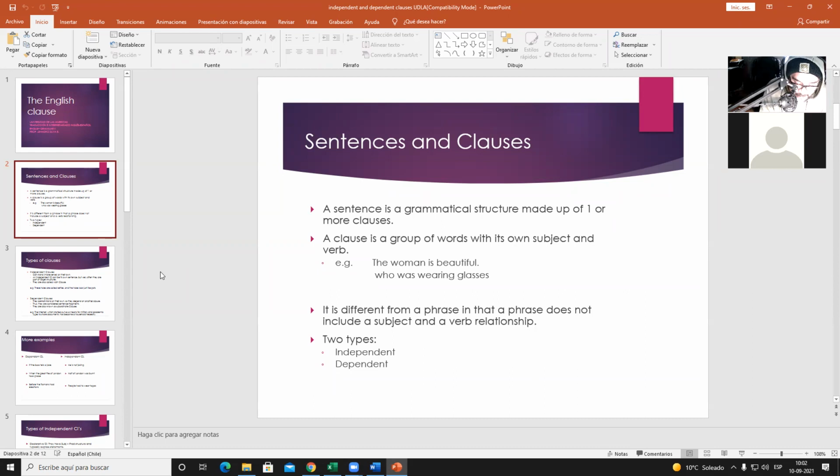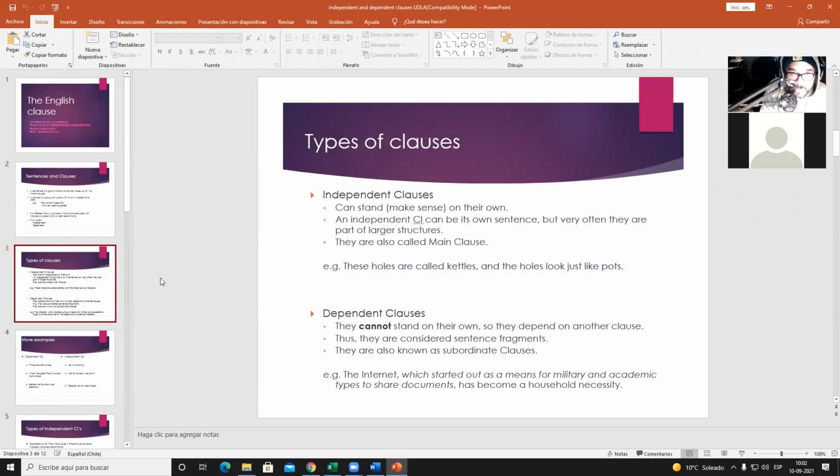It means that in a clause, you have this idea of subject, verb, object, complement, valency pattern. Inside of a phrase, you don't have that. Okay. Therefore, there are two types of clauses: independent and dependent clauses. Any problem? No? Okay, I'll move on.